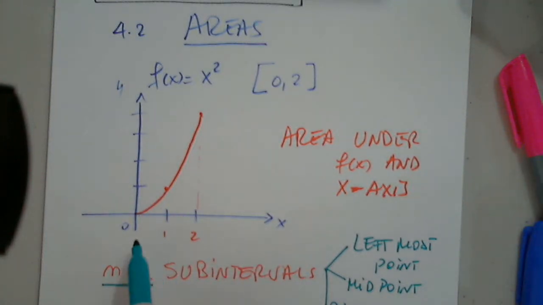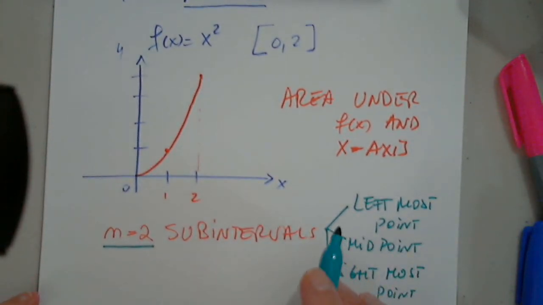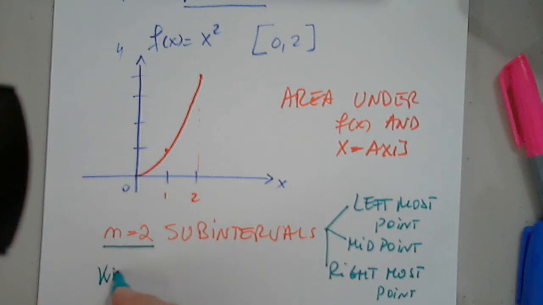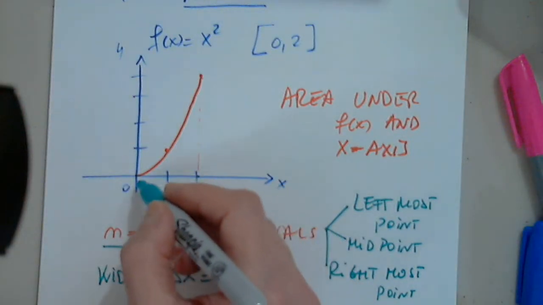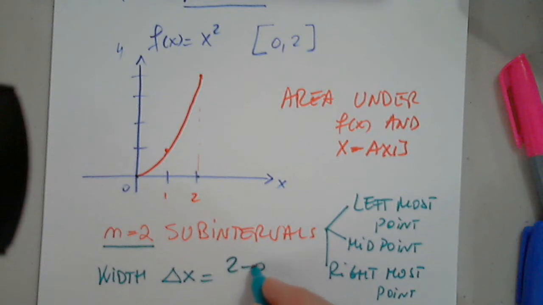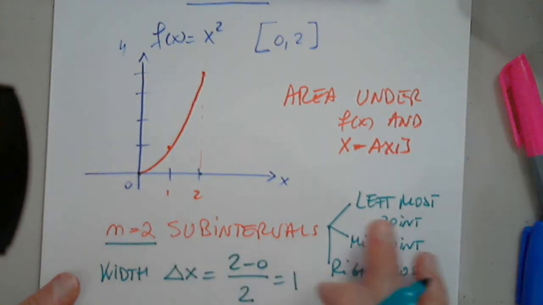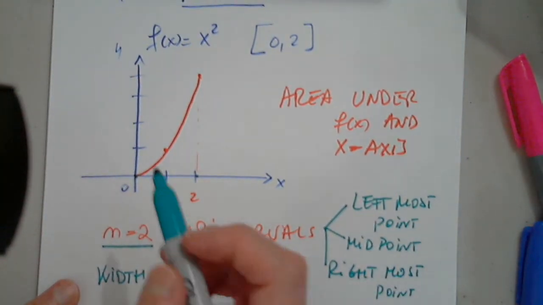Okay, I have to determine the width of any subinterval. So width of any subinterval is denoted by delta x, which is 2 minus 0 divided by the number of subintervals. Well, 2 over 2 is 1. So I have 2 subintervals with a width of 1.